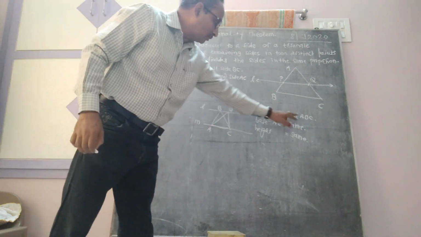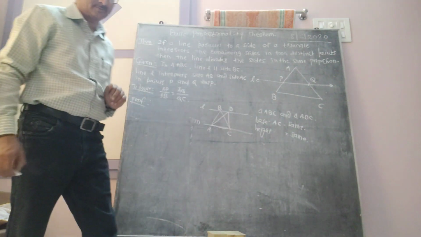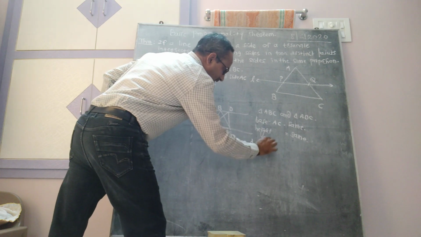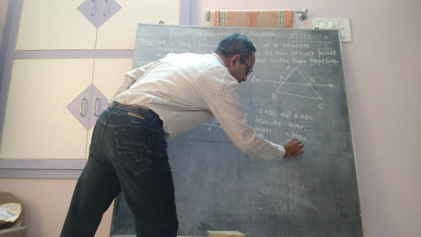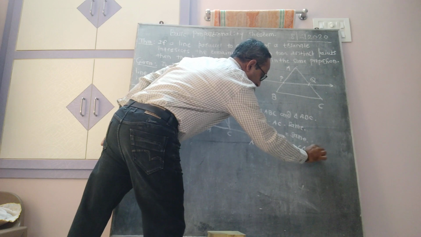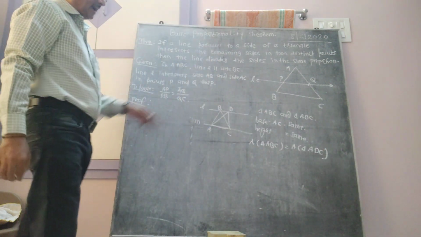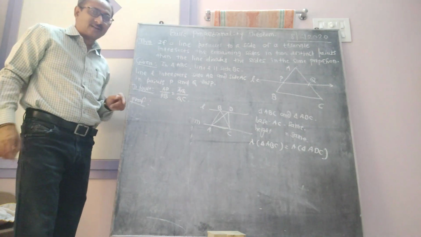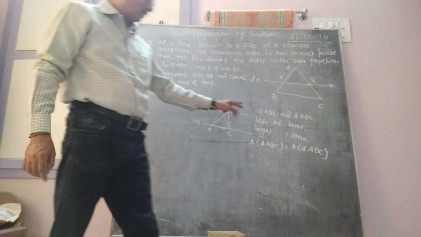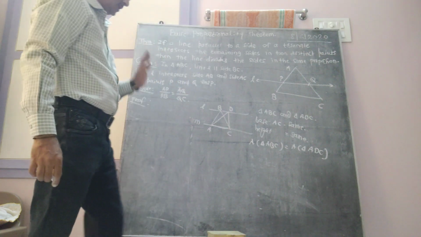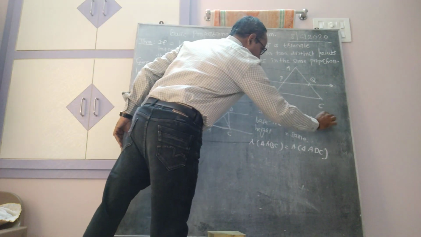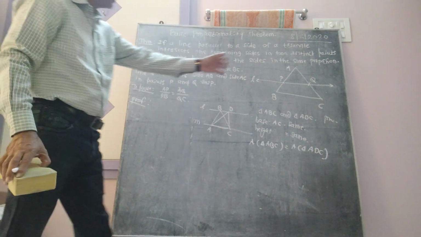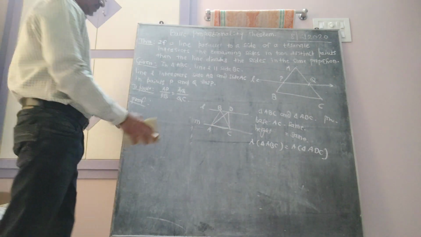Both the triangles have the same base and same height, and so the areas of both the triangles are also the same. Triangles with the same base and height have equal areas. This property we have to understand first, and it is also used in this theorem.